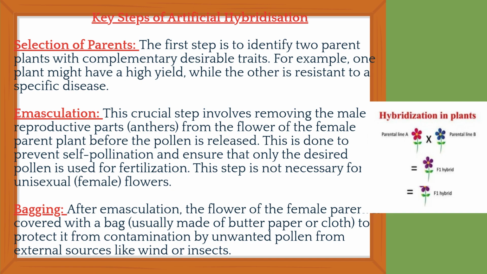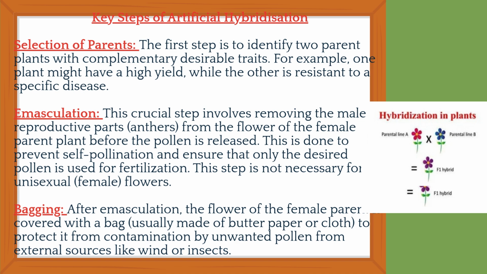emasculation, a very crucial step, which involves removing the male reproductive part, the anther, from the flower of the female parent plant before the pollen is released. Before the release of pollen grains, we have to remove the anther from the female plant. This is done to prevent self pollination.